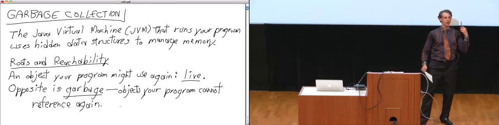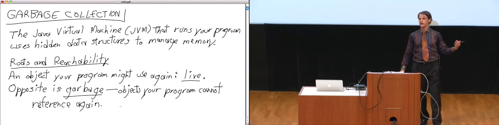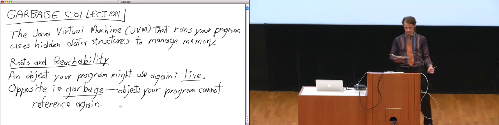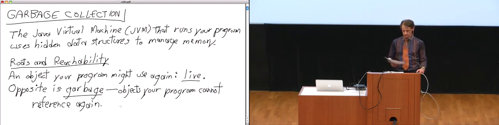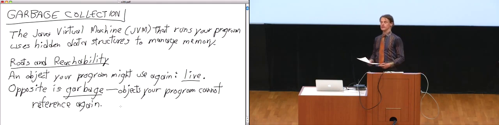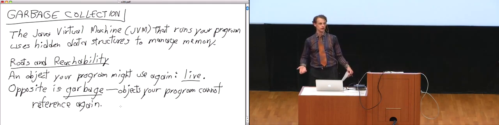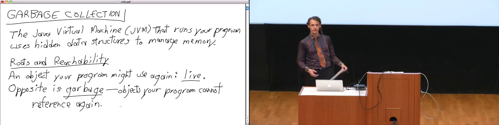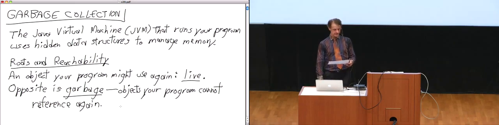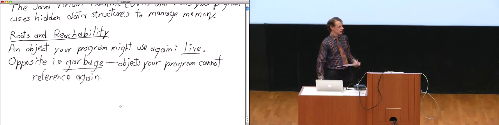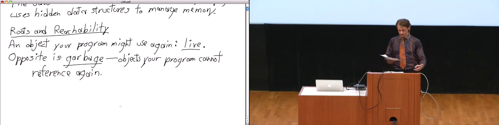Garbage is the objects your program can never reference again, no matter what it does. And Java's design makes it possible for the Java virtual machine to determine which of your objects are live and which ones are garbage. And so garbage collection begins at what are called the roots.